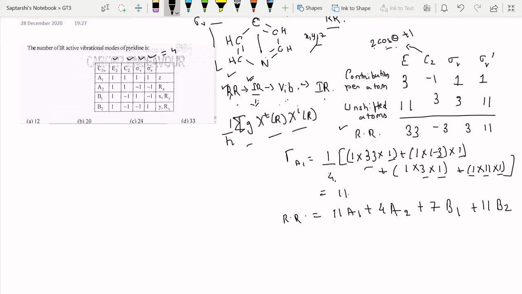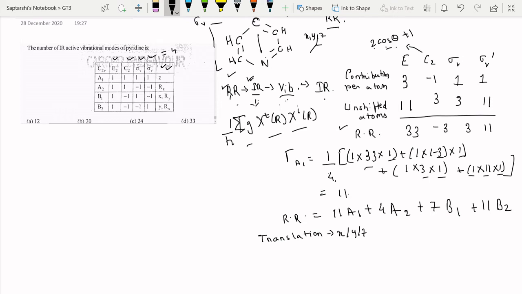Third part is we need to find out the vibrational parts out of this. So how do we do that? Now listen to this concept carefully. Translational modes are the ones which have X, Y or Z along it. So over here we have to see on this column, right?